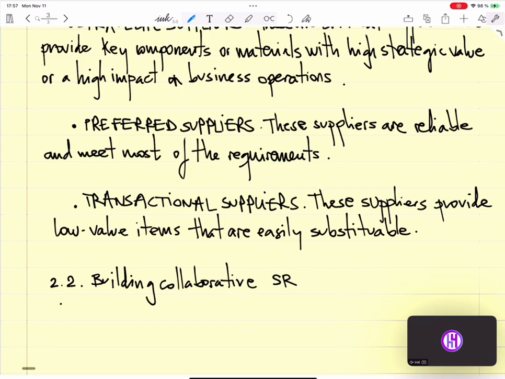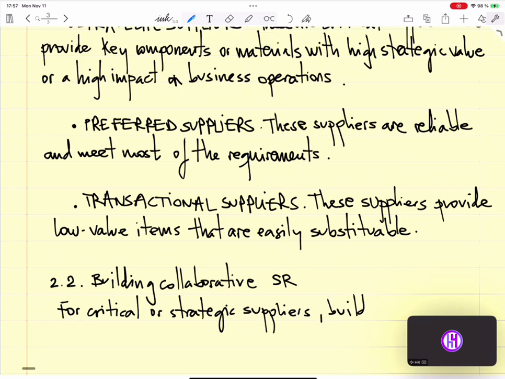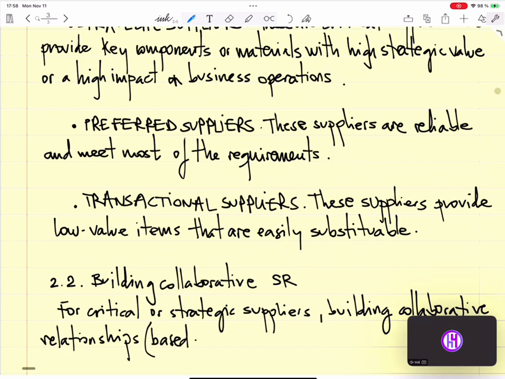So for our critical or strategic suppliers, building collaborative relationships, let's say based on trust, can yield benefits.